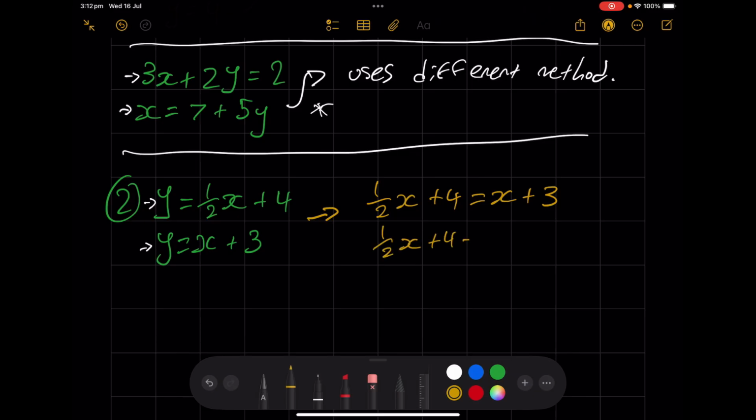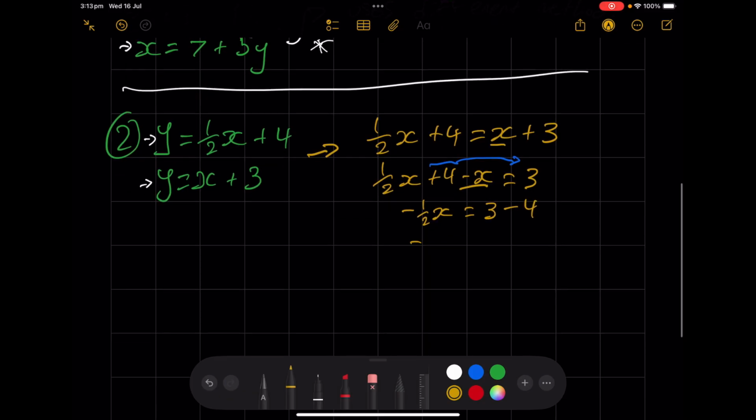Plus 4, I will do a minus x there to move that over, and equals 3. 1/2 x minus x is negative 1/2 x. And I'm going to move this 4 in the same way. I'm going to move that 4 over there, and it becomes a negative 4. So 3 minus 4, which means negative 1/2 x equals negative 1.